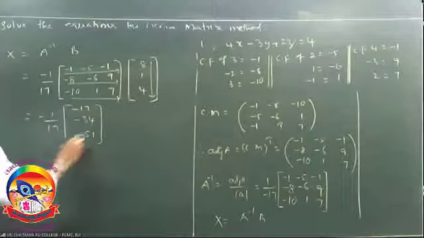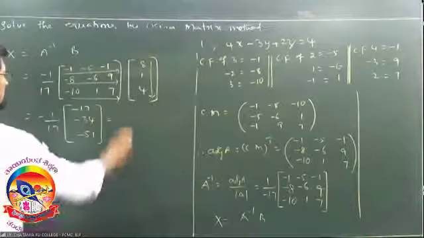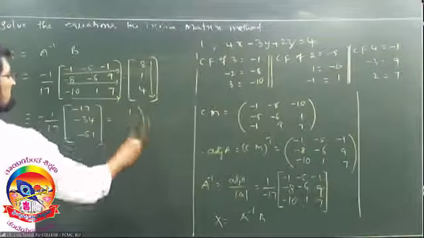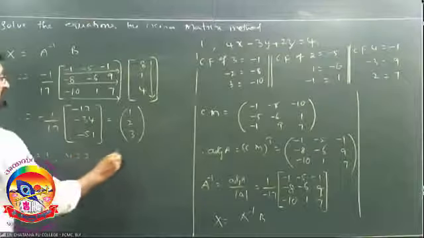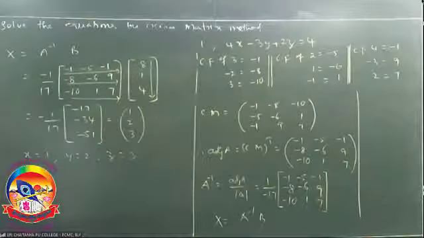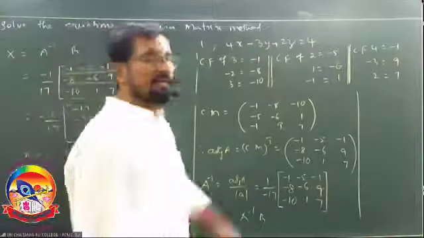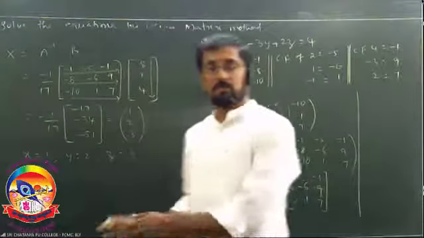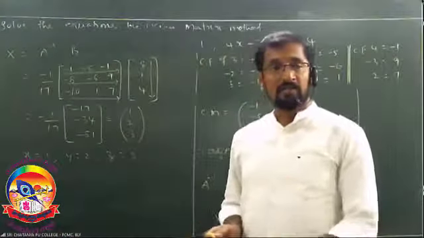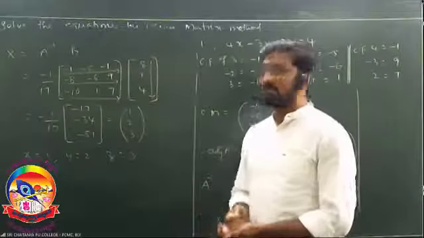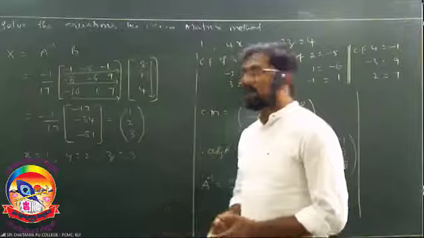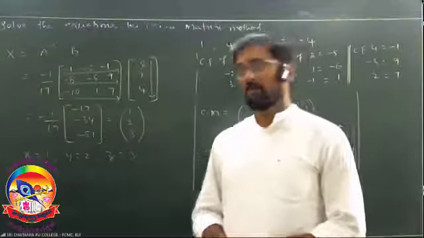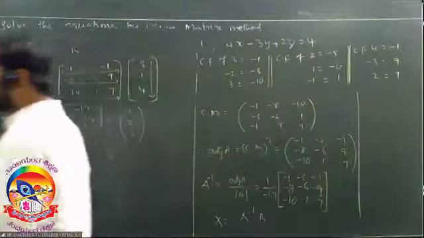And you should get this, which is nothing but 1, 2 and 3. So small x is equal to 1, y is equal to 2 and z is equal to 3. Just observe, and for verification, you just substitute those three values in the given equations. If those equations are satisfied, then our answer is correct. Copy that one.